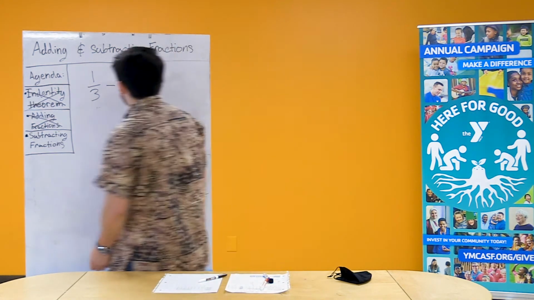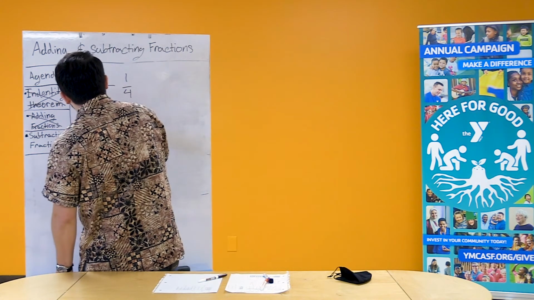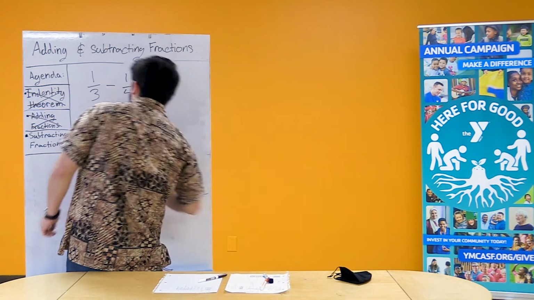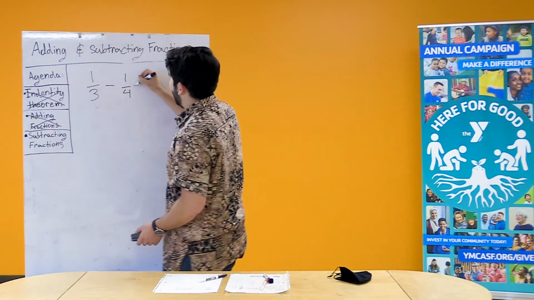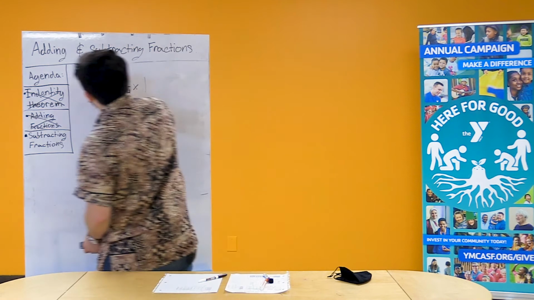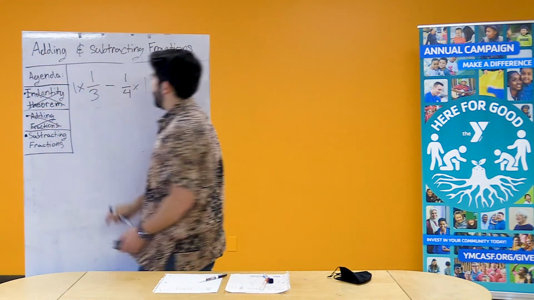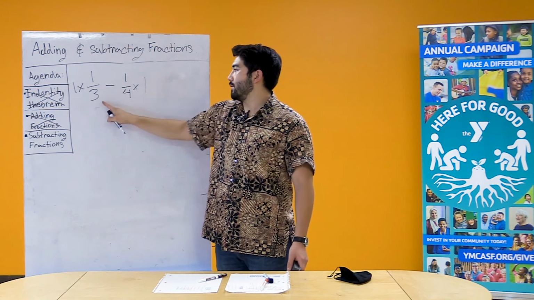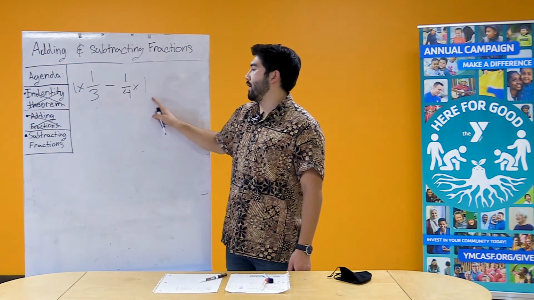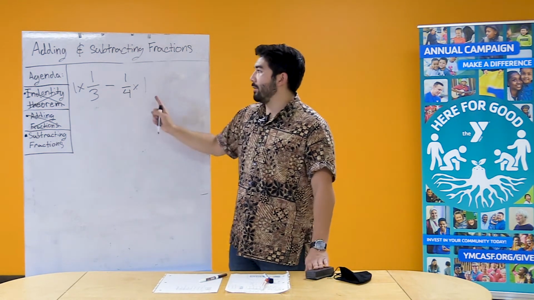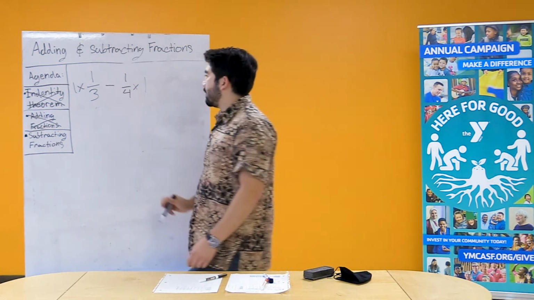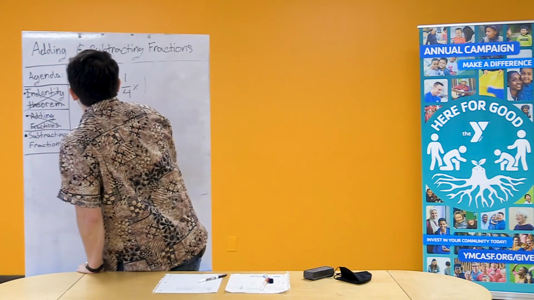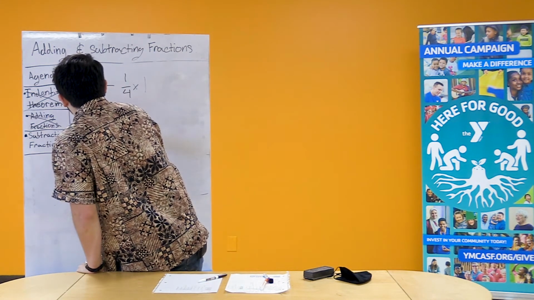So what I'm actually going to do is multiply 1/4 by 1 and 1/3 by 1. So I did 1 times 1/3 and 1/4 times 1. So multiplying by 1 on both sides. But we're going to change the way our 1 looks.